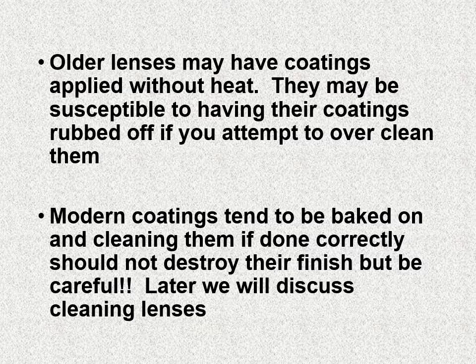Now, some warnings. If you have an older pair of binoculars, they may have coatings applied without heat, and they're susceptible to being rubbed off if you're not careful when you clean them. Modern coatings tend to be baked on, and cleaning them, if done correctly, should not destroy their finish. And in the second part, we will talk about cleaning lenses.